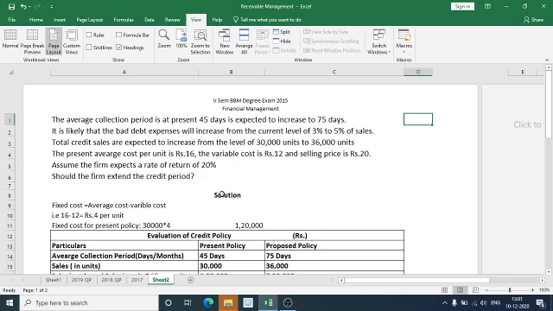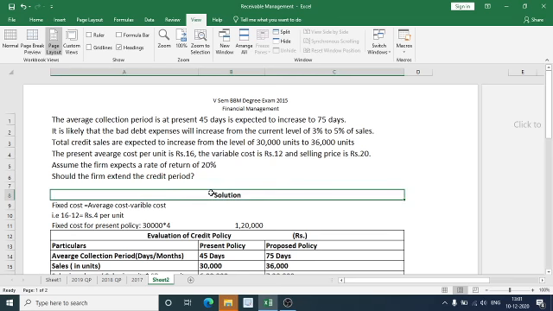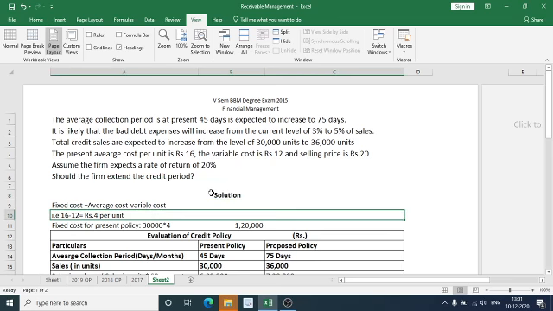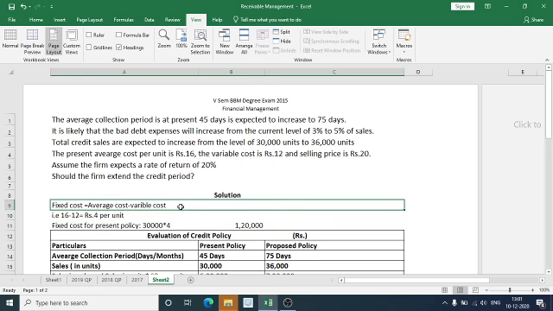So with respect to the solution, the fixed cost is not given in the problem directly. So we need to find that out. There is one formula for the calculation of fixed cost. Here we have to take the difference between average cost and variable cost.